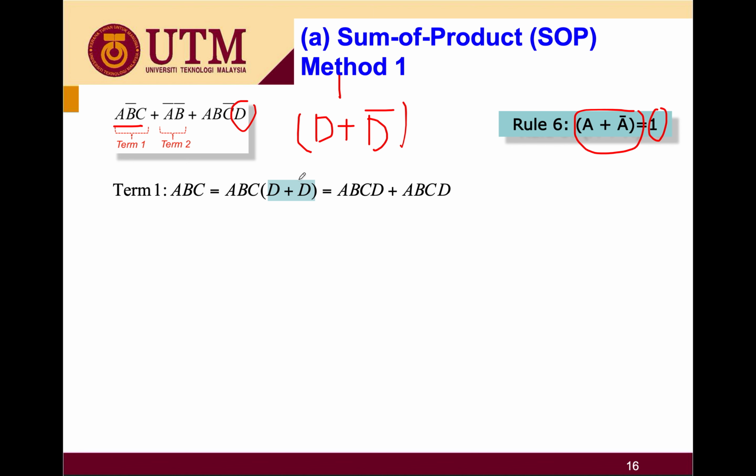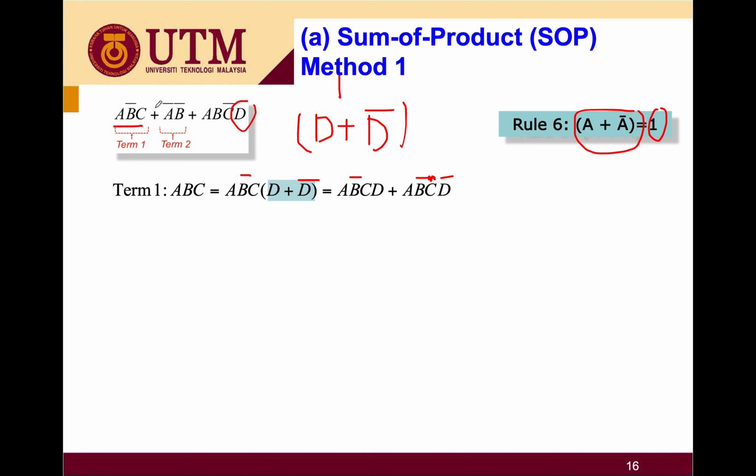So you add like this, and this one is A B bar C multiplied by D plus D bar. So you will get A B bar C D plus A B bar C D bar. This is how you get term 1.